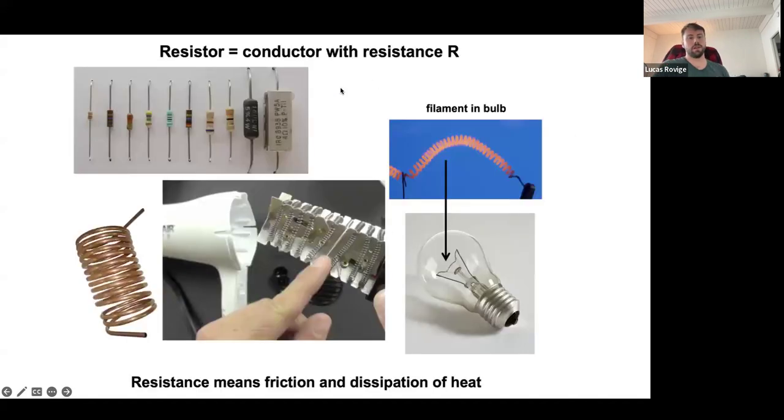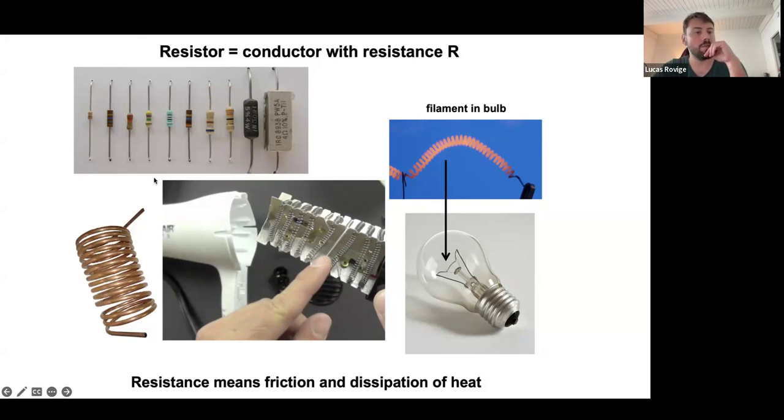Okay, and here are a few examples of resistors. Typically a resistor is going to be some kind of conductor that has a resistance R. So it's a conductor that's not too conducting, it's resisting just enough to serve the purpose of dissipating energy.